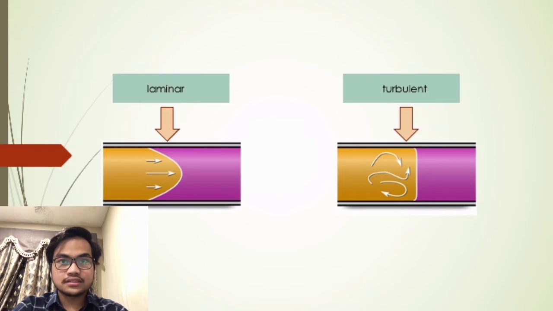Also, the velocity when it is a straight line is low, and when the movement is irregular, the velocity will be high. So what I'm trying to say is that the laminar and turbulent diagram here suits the criteria in the differences I've mentioned earlier.